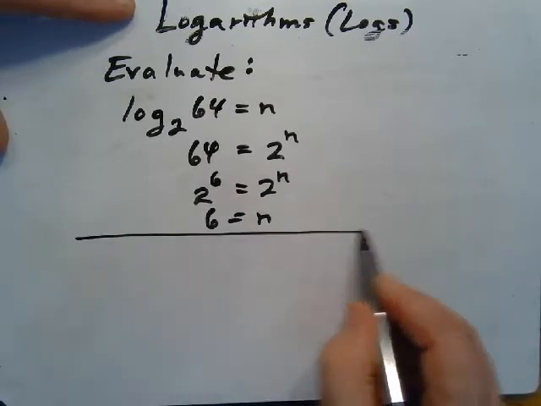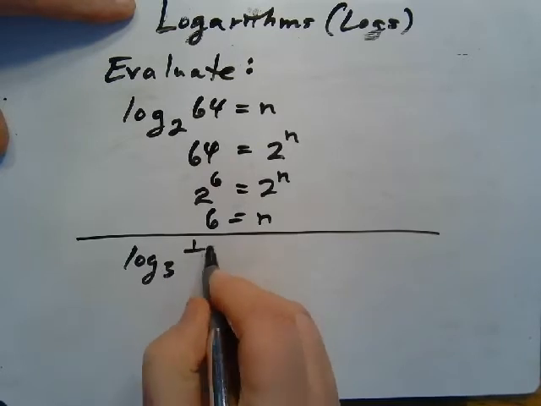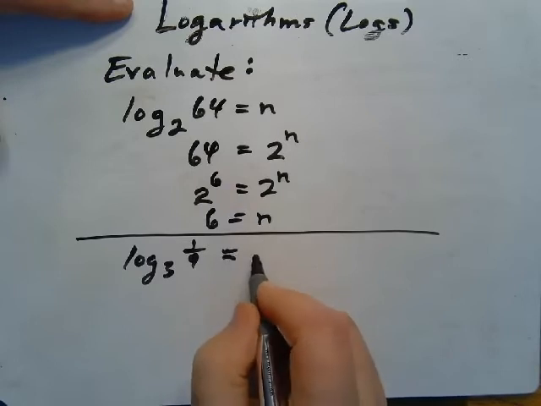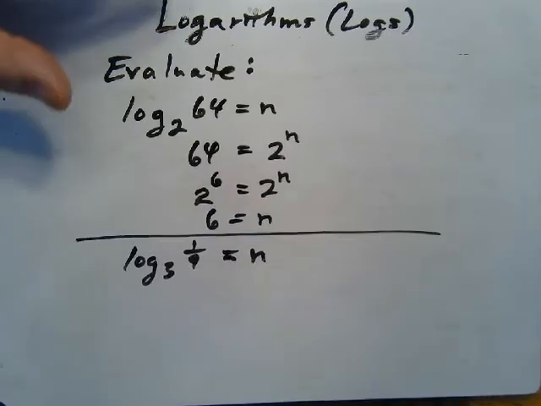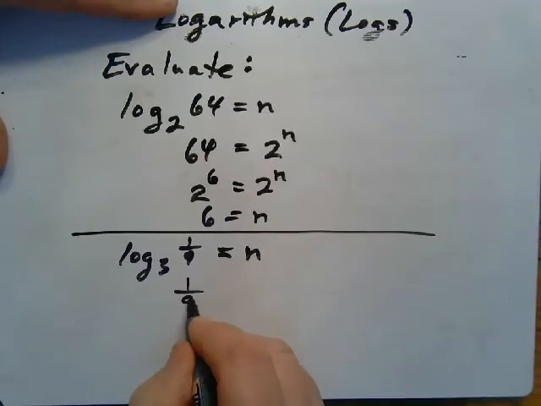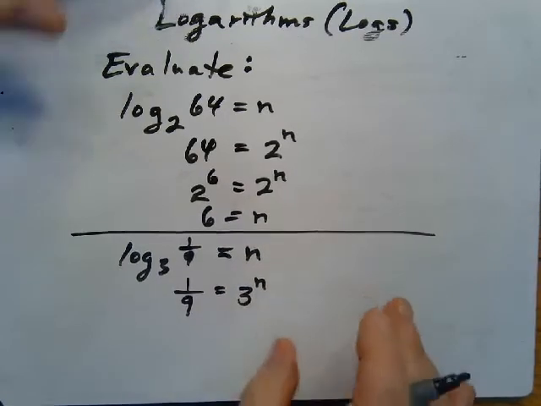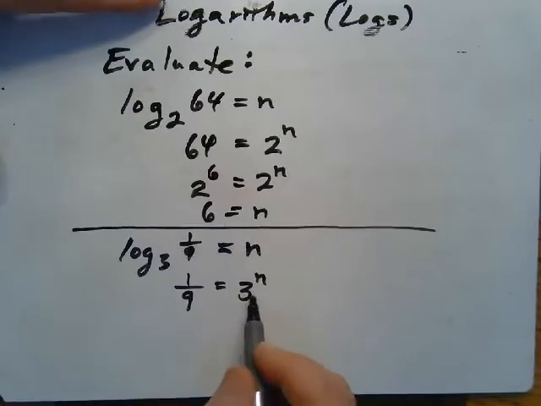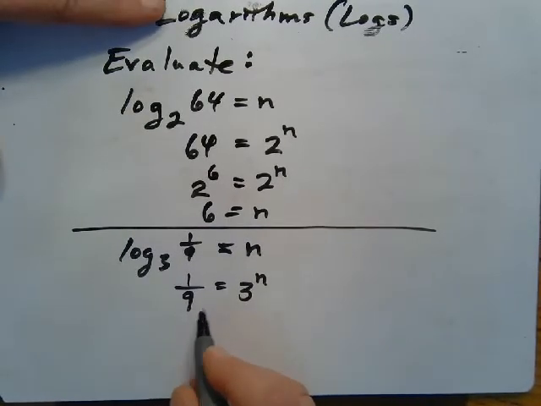Let's try another one. How about log base 3 of 1/9? Okay. Again, we're going to initiate by putting an equal sign here and a letter, just to stand for something for now. And we're going to rewrite this in exponential form. So 1/9, bring it down, equals the base raised to the nth power. Okay. So what do? Well, I smell a base here. I smell that this is the base 3.